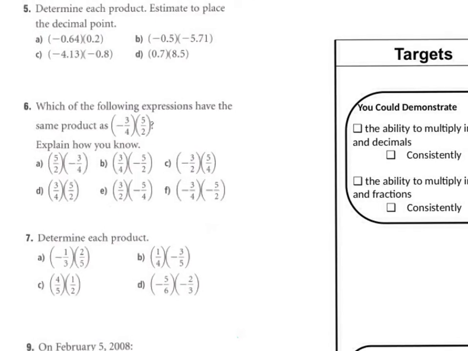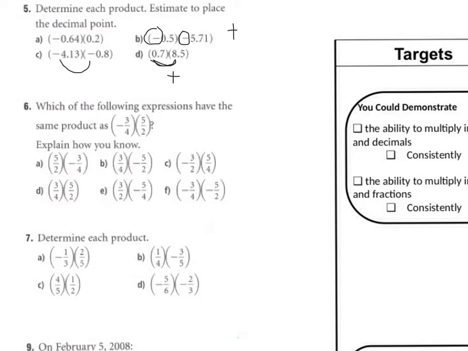So the basic rules that you need to worry about are exactly the same for multiplication and division of integers or decimals and for fractions. You just have to take into mind the rules of integers. So we know that when the signs are the same and we're multiplying, we're going to get a positive number. Here, the signs are both positive, so you're going to get a positive answer.